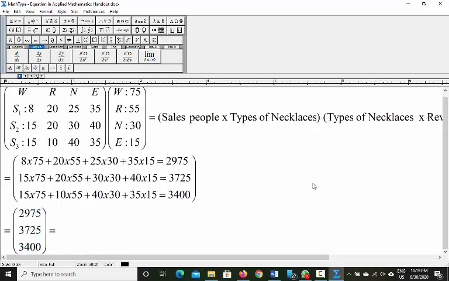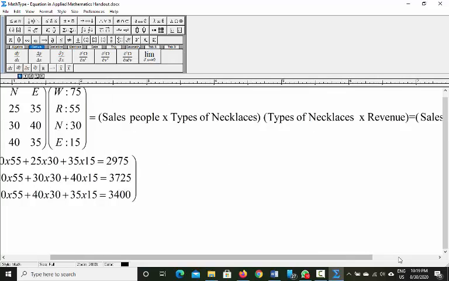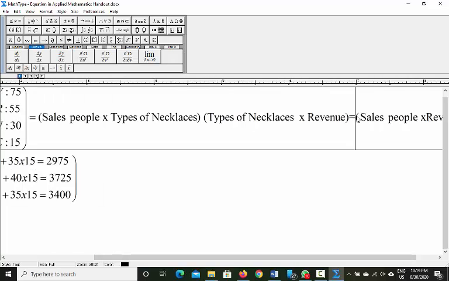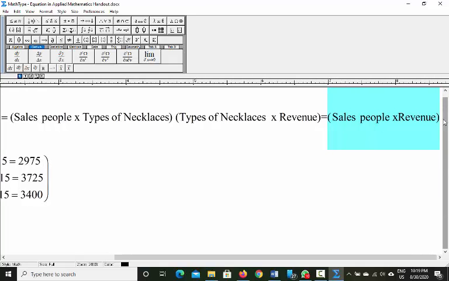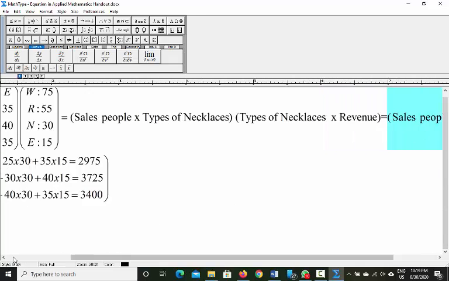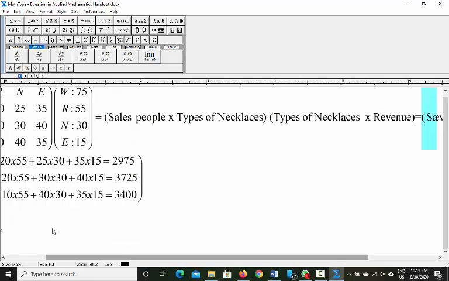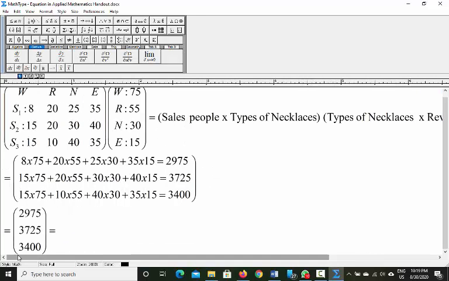So what is this column vector representing?